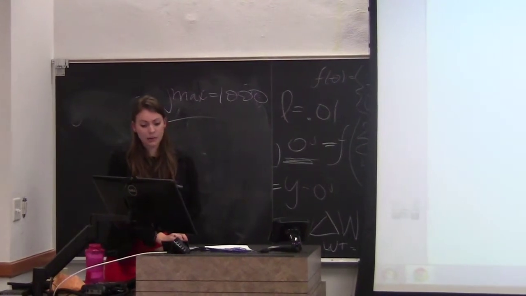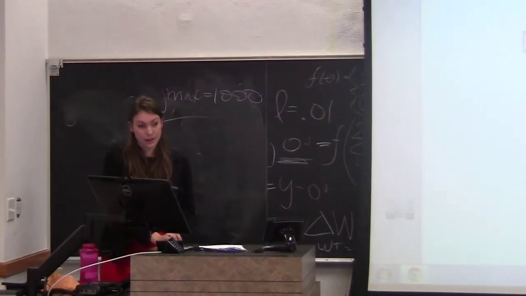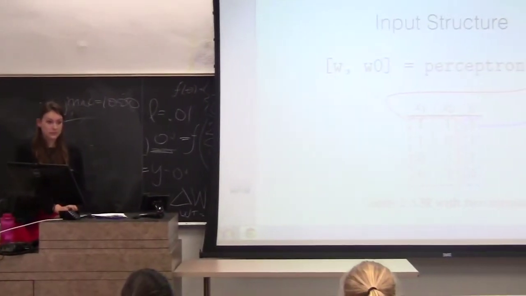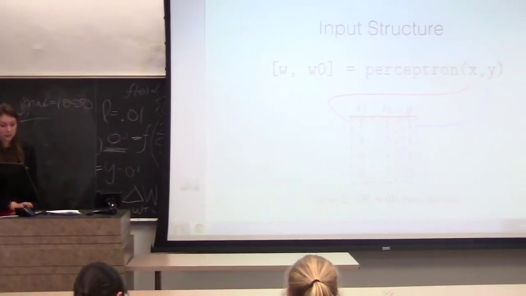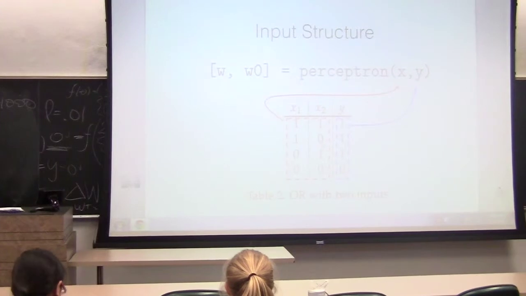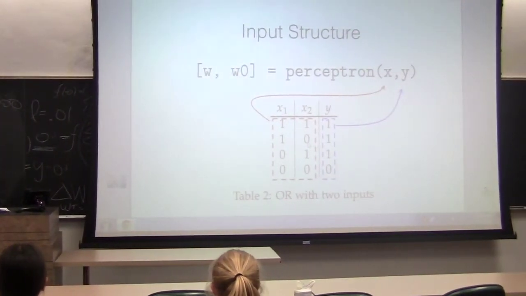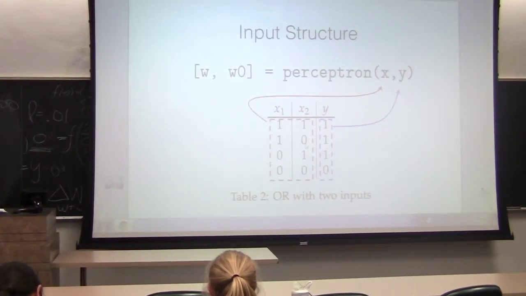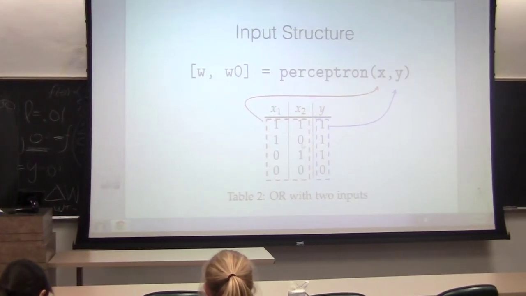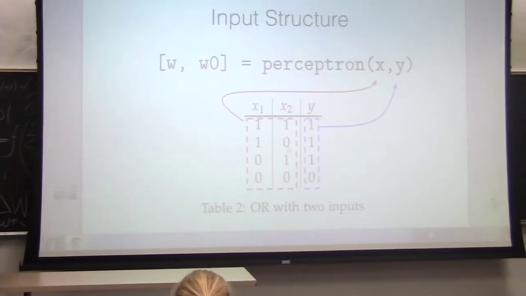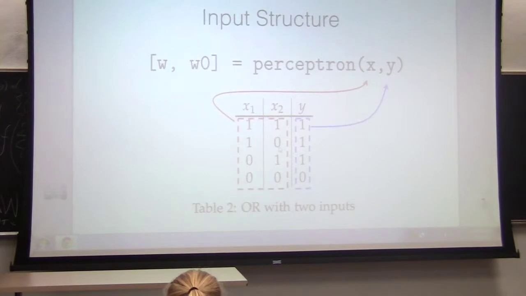In our case, however, we have these 4 different inputs, and you need to pass each pair, right? One set of inputs would be 1, 1, 1, 0, 0, 1, or 0, 0. You need to pass each pair to the perceptron to train it 1,000 times. So 30 seconds in your groups, talk about how you would embed that for loop structure, okay? 30 seconds, go.